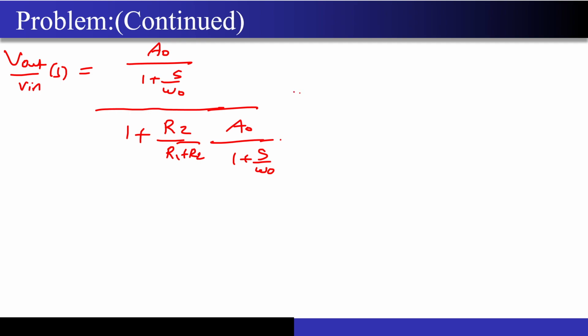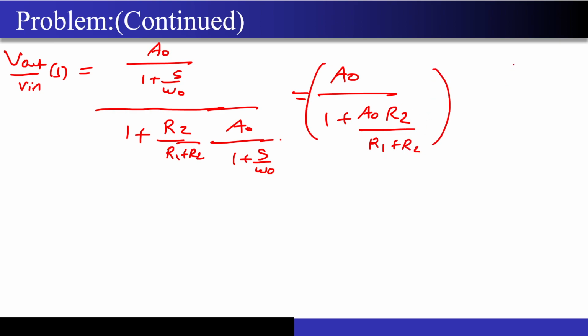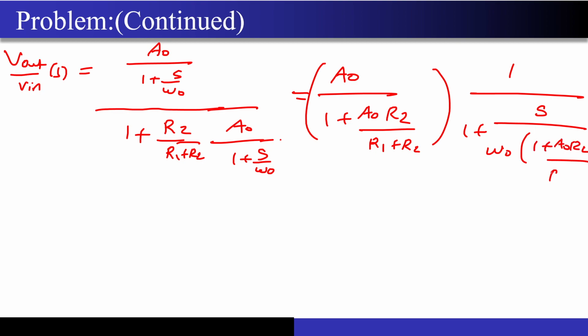Correct. Now if you simplify this equation, it will look something like this: A naught upon 1 plus A naught into R2 by R1 plus R2, into 1 upon 1 plus S by omega naught into 1 plus A naught R2 divided by R1 plus R2.